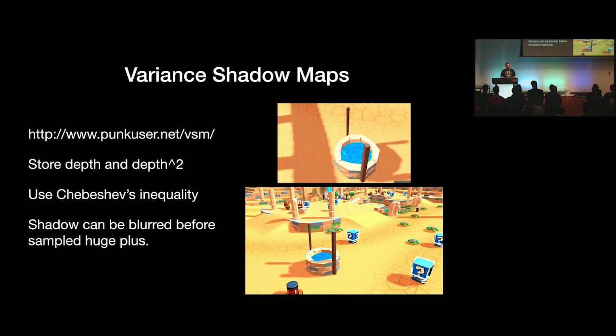The big plus is that with PCF you have to sample the shadow map 9 times after you render it, so you're doing that pixel operation on a high resolution screen. But with variance shadow maps, you can blur depth maps beforehand at a lower resolution, then sample them on your objects.